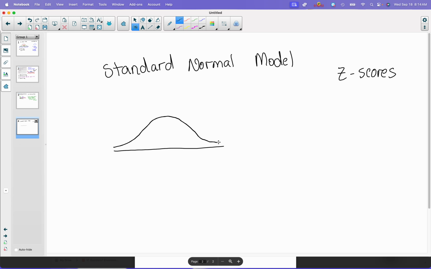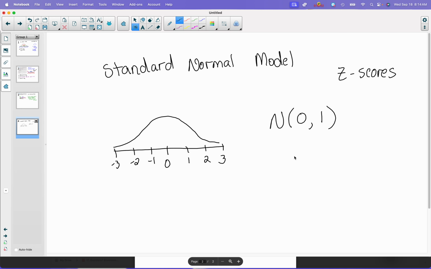The standard normal model converts the mean to 0 and the standard deviation to 1. So you end up with a picture like this: a normal model with a mean of 0 and a standard deviation of 1.